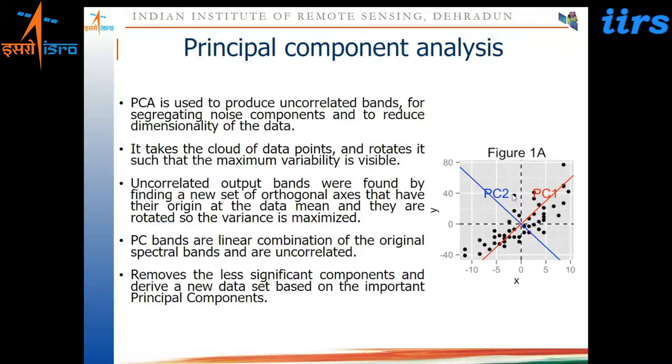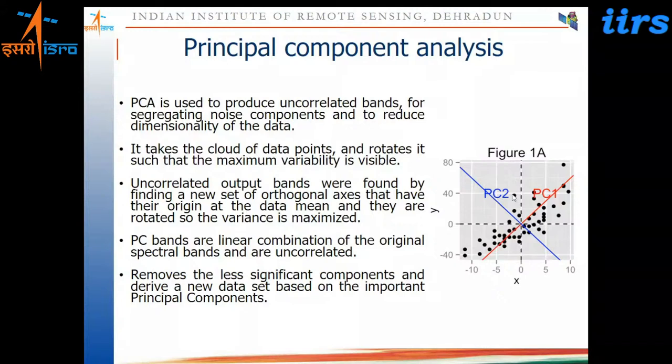The subsetting is done in such a way that the principal components with higher eigenvalues are the important principal components, the ones with the maximum variance or maximum information. The second thing is that the PC bands are linear combinations of the original spectral bands, and they are uncorrelated compared to the initial bands.